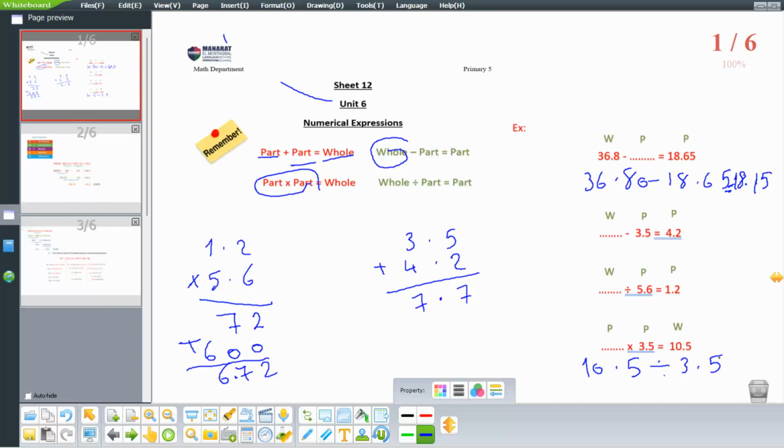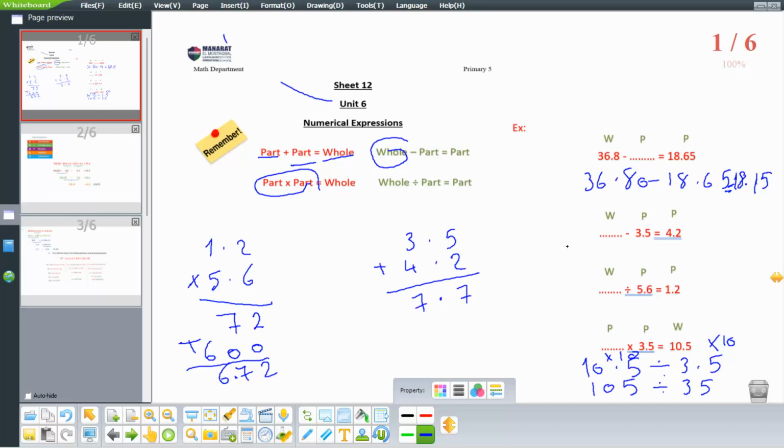We know that we can't put a decimal point in the divisor, so we are going to multiply both numbers times 10. It will be 105 divided by 35.